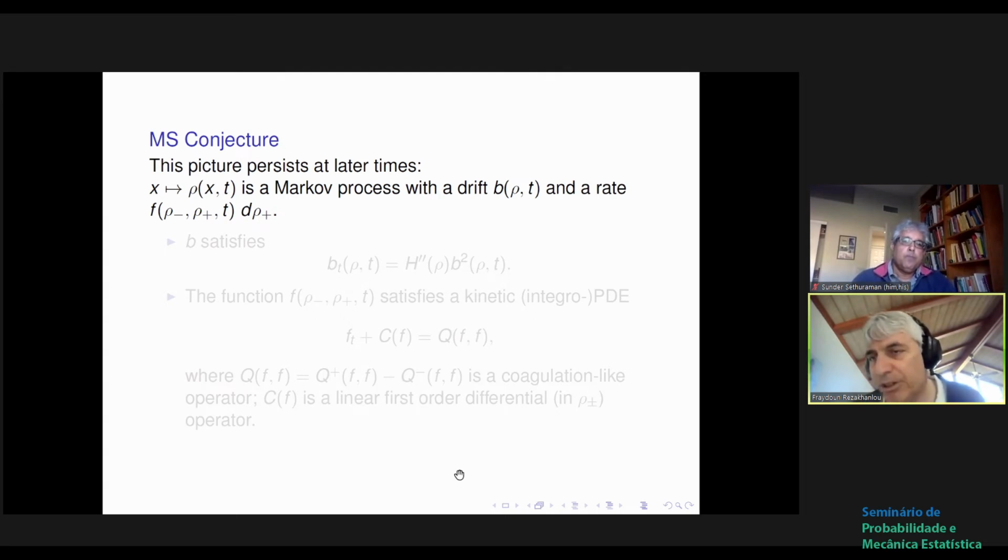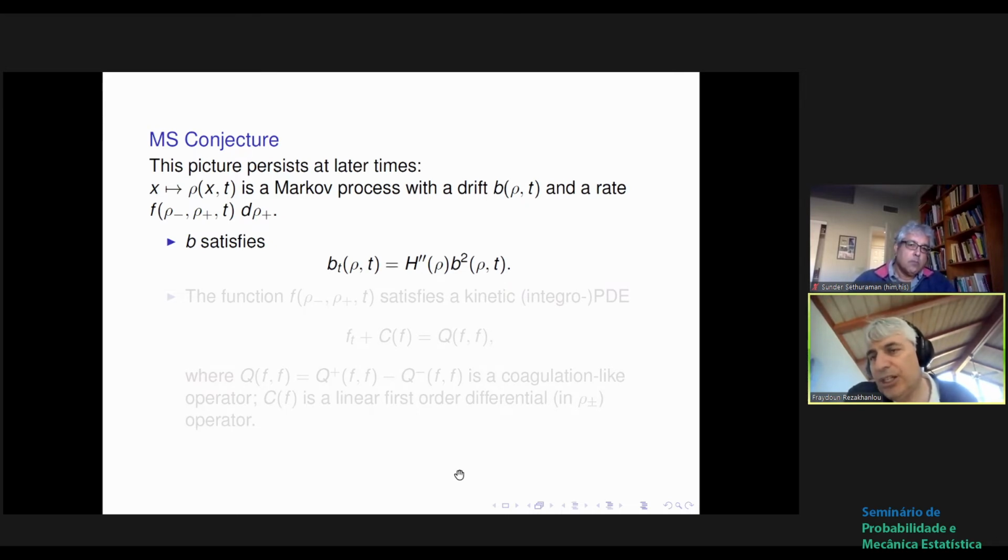And I want to give you a description for both. It turns out that B is going to satisfy this quadratic ODE. So if you differentiate the drift with respect to time, then you get the second derivative of H times B squared. Be careful here that this ODE, when you solve it, you may have a blow up.